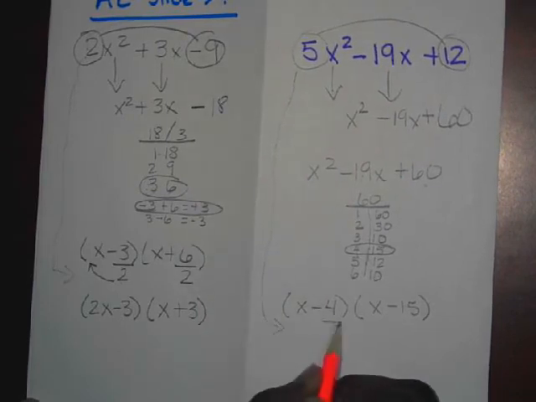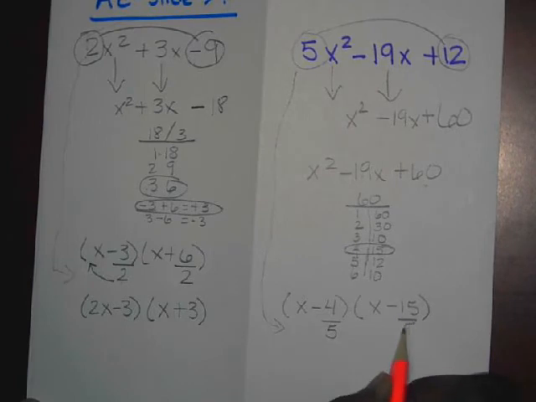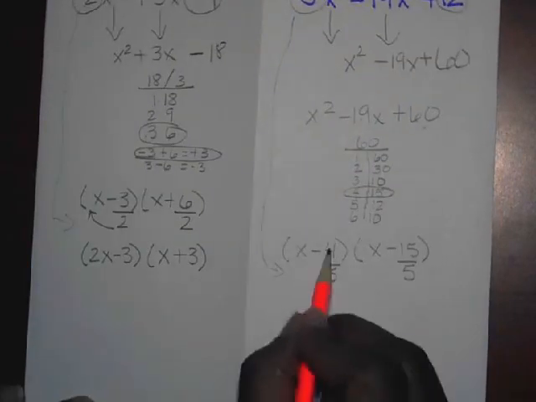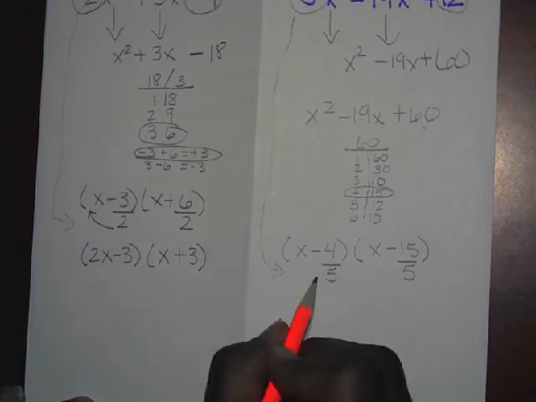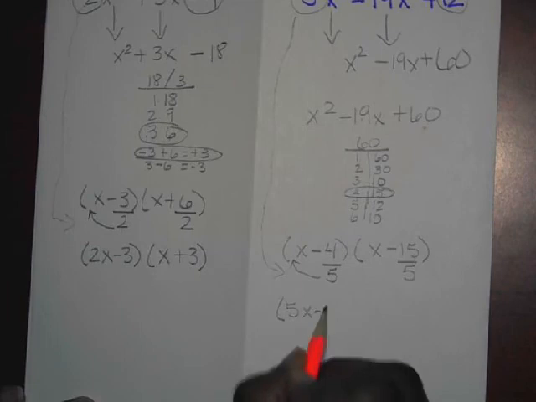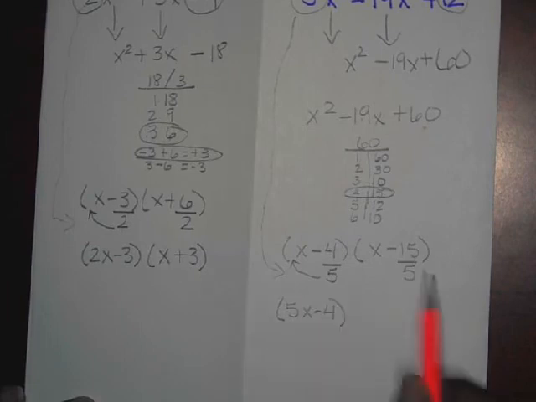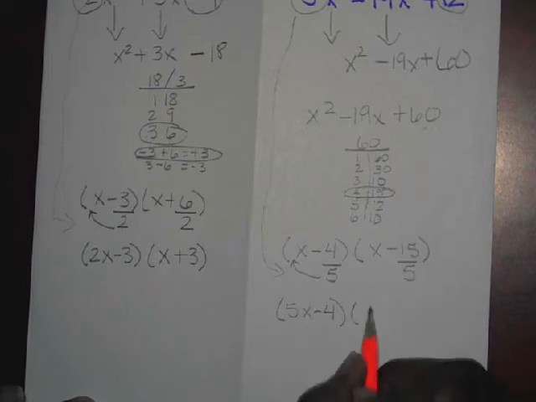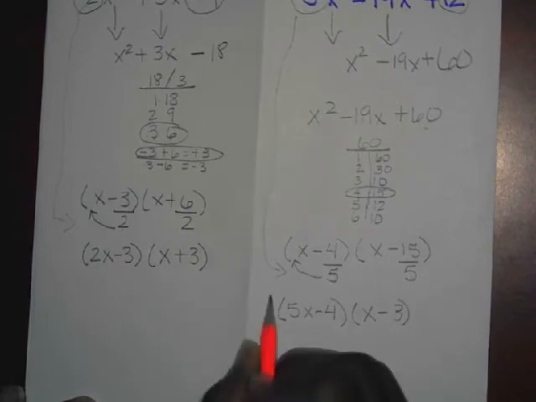So it'll be divided by 5, divided by 5. This will not simplify, so I slide that 5 to the front. There's my first factor. Will 15 over 5 simplify? 15 divided by 5 is 3. So this is x subtract 3. There's my answer.